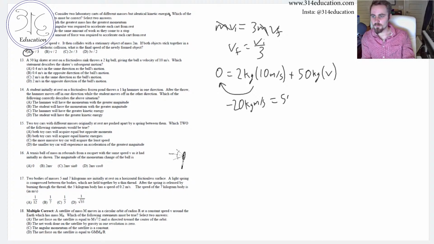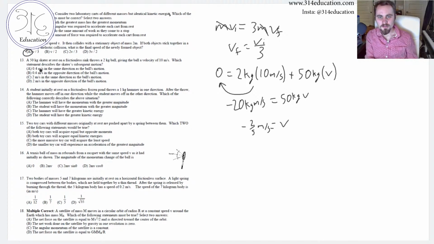And that's going to equal 50 times our velocity that we're looking for, the velocity of the skater. And then we'll divide both sides by 50 to get our velocity is equal to negative 2/5 of a meter per second. 2/5 of a meter is 0.4, and that's going to be in the opposite direction. That's what this negative sign gives us.